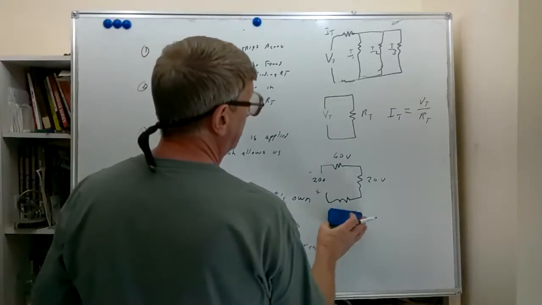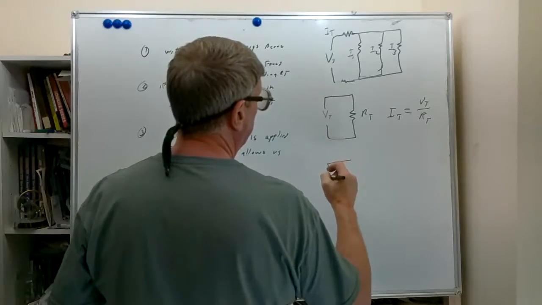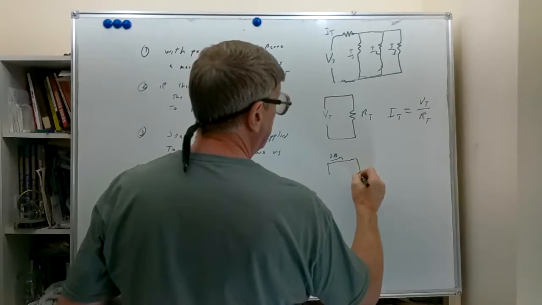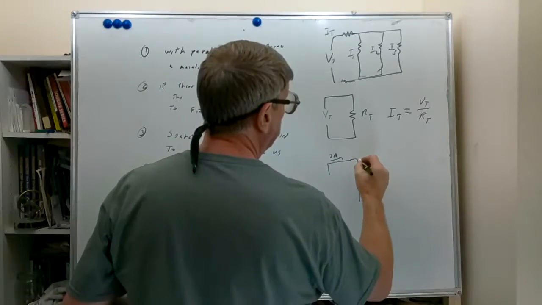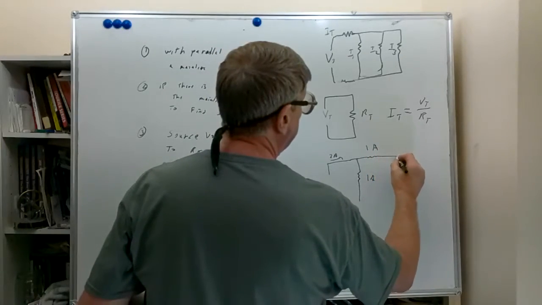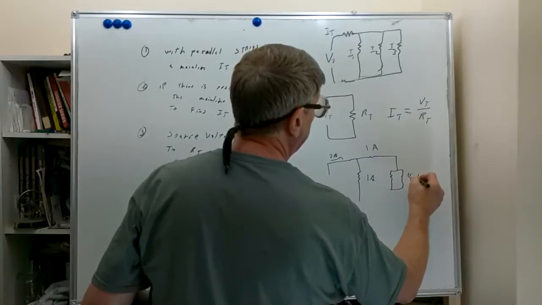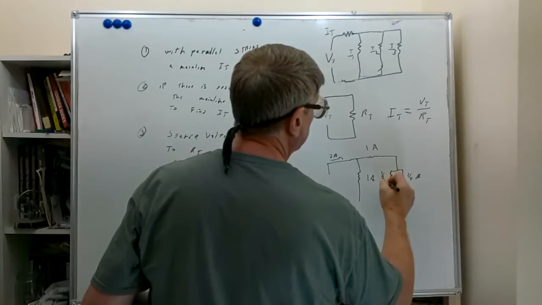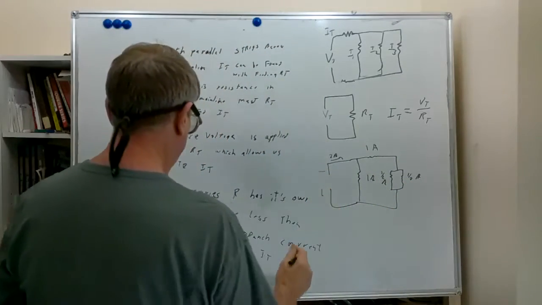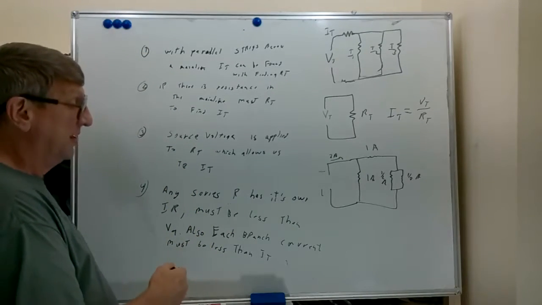In the circuit we just drew, we had a voltage source. I think we had 2 amps out of it, and it split into 1 amp and 1 amp, and then it split even further into half amp. Basically, each branch current must be less than IT.